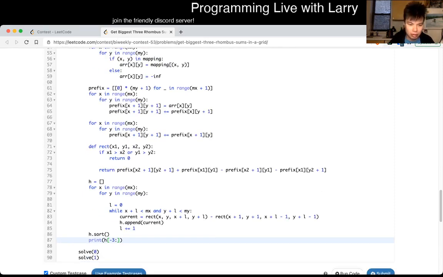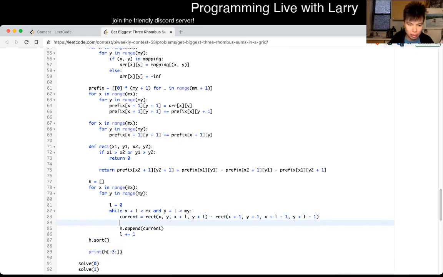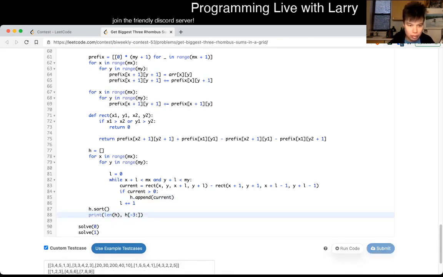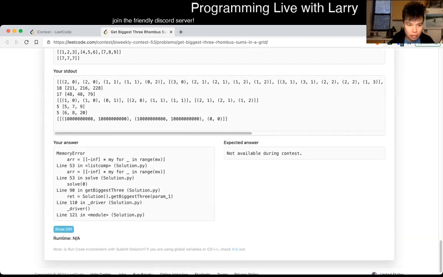What is the length of this? Oh, that is also if. Memory error.